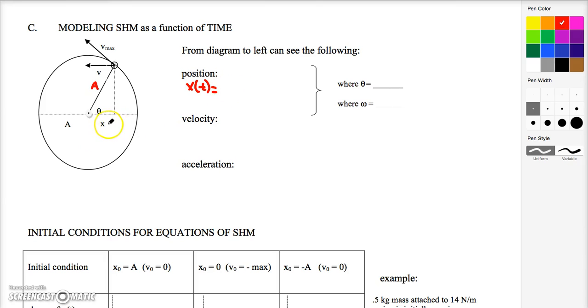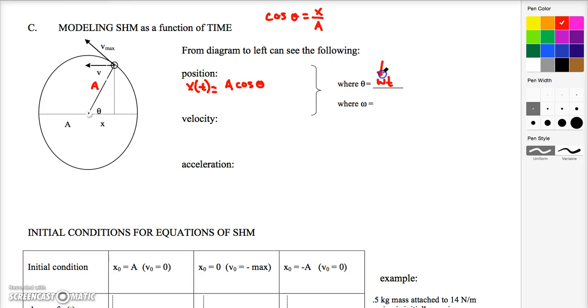So if we have cosine of theta equaling x over A, then x is equal to A cosine theta. But now the question is, what is theta? Well, theta, if you remember, is our angular displacement, and angular displacement is equal to the angular velocity times time.